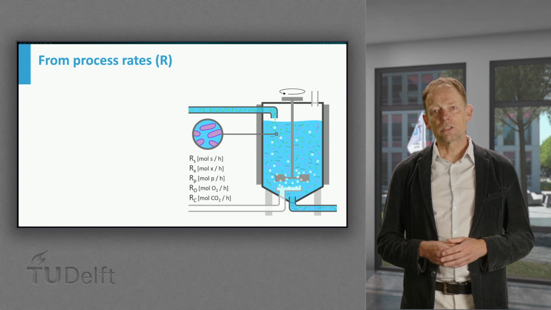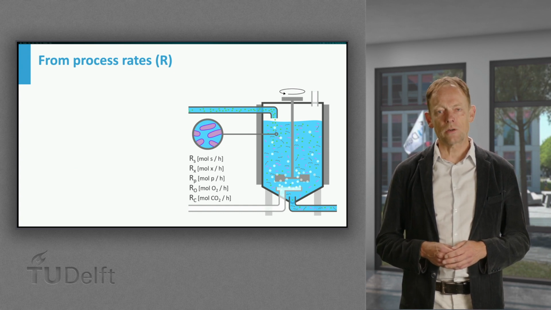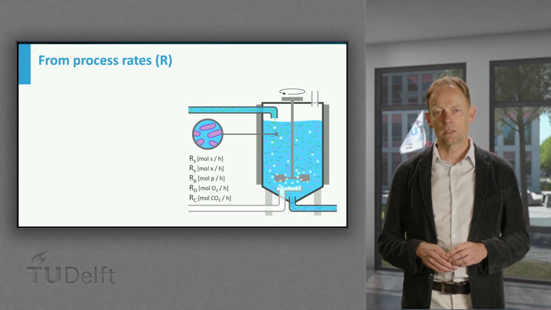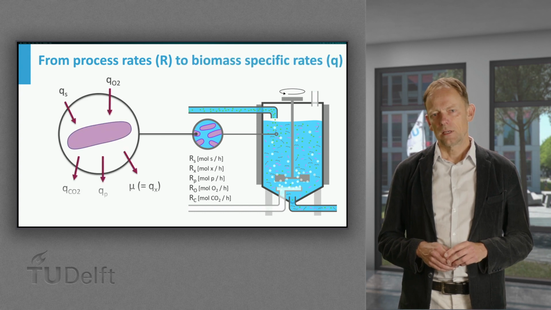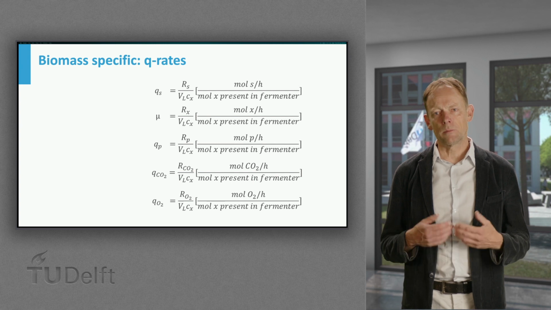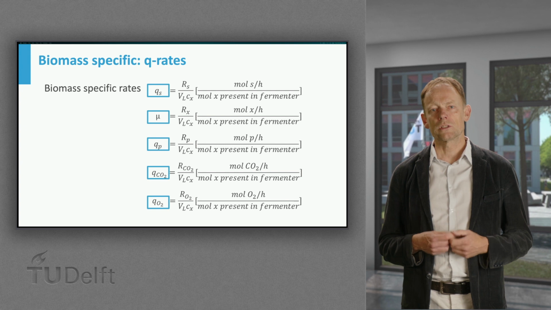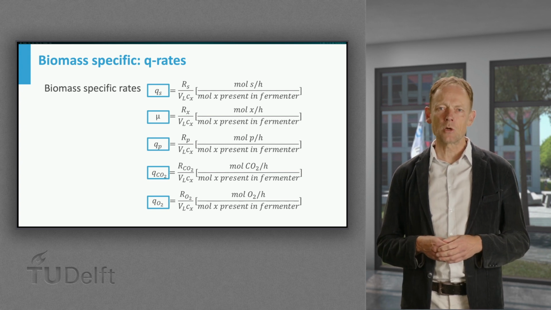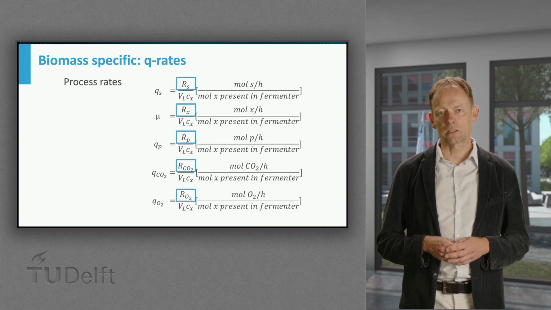The compound balances are the basis for the process, but to judge the performance of the microorganisms, we need the biomass specific rates, also called Q rates. These biomass specific rates have the unit gram or moles per mole biomass per hour, and are found by subdividing the process rates R by the total amount of biomass present.